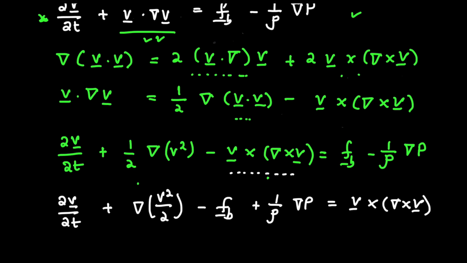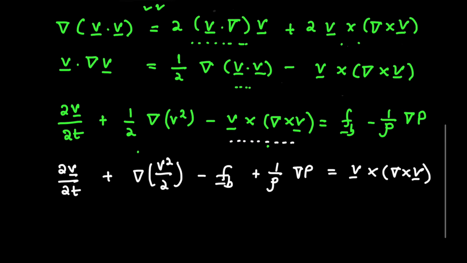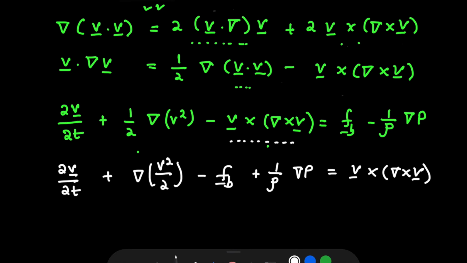Okay, so there is another parameter that we know just from this equation. This part is called vorticity, right? So we can substitute that as well and make our lives much easier.